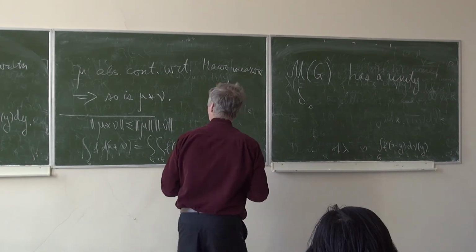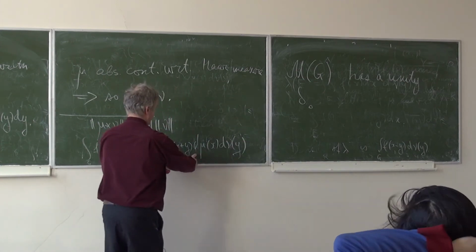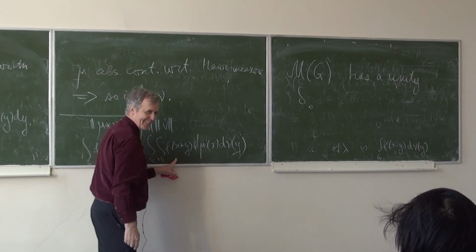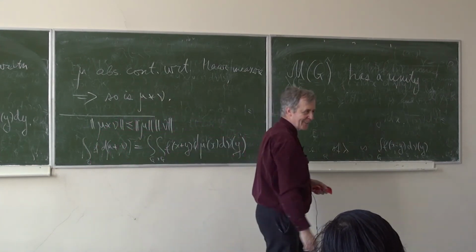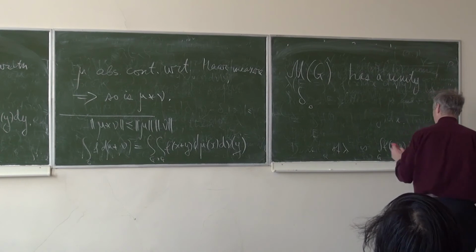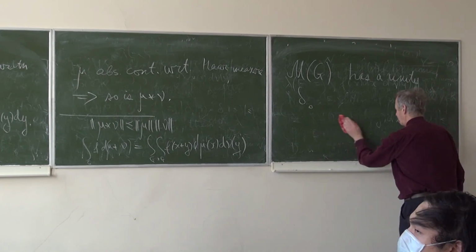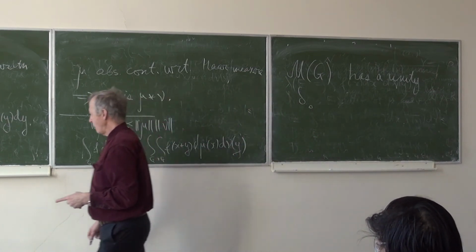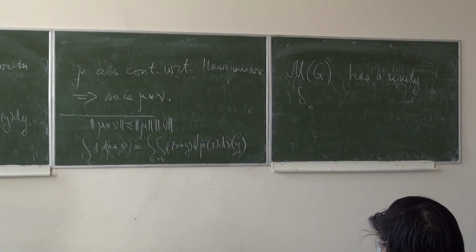Well, again, if you write this formula and one of them is a delta measure at 0, we see that everything reduces to the other measure. So this is an algebra with unity. This guy is an ideal in this algebra.